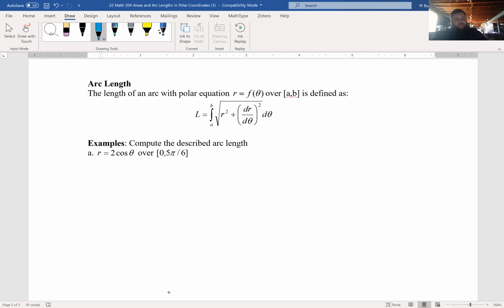So this first one here is just 2 cosine theta. dr d theta is minus 2 sine theta. So arc length is the integral. They gave us the bounds, so we don't have to figure those out, which is nice.